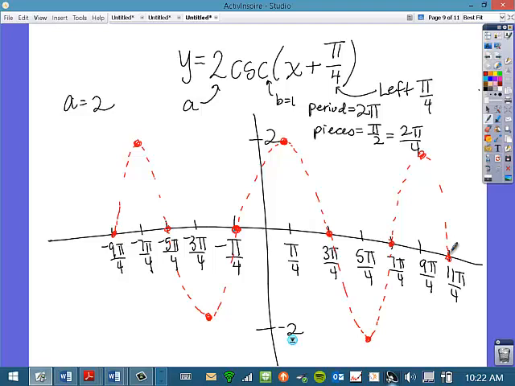Now I want to go draw my asymptotes. My asymptotes are wherever this sine function crosses that middle line. So here are my asymptotes.